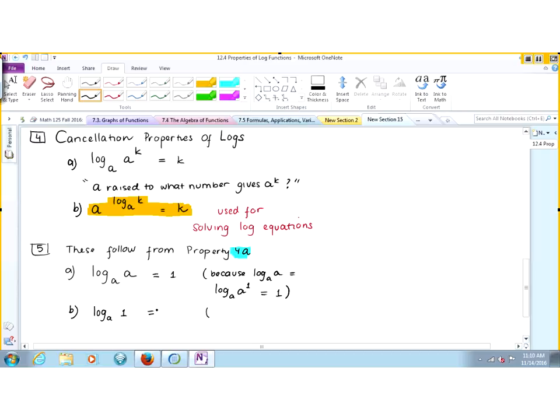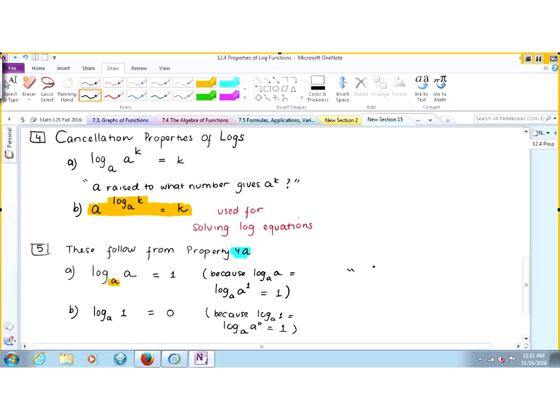Come on, you guys know this. 0, yes. Why is it 0? Because log base A of 1 is equal to log base A of A to the 0, which is 1. Or you could use the other question too.